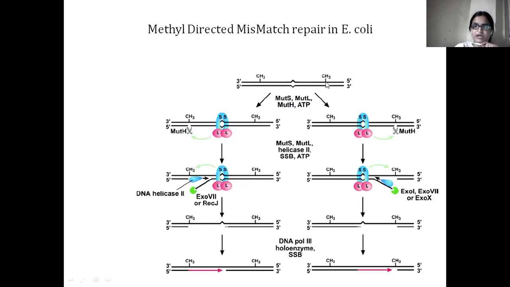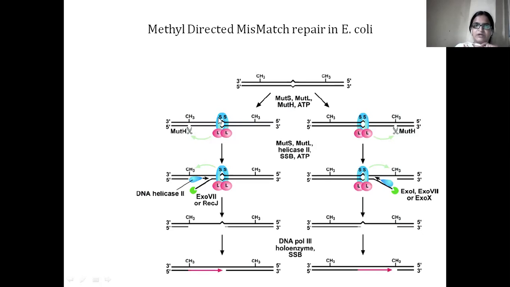If these methyl groups are on the upper strand, it means that whichever strand has methyl groups is the parental, or old, strand. And these methyl groups are present on adenine in the sequence GATC. So here one GATC sequence is there, here also one GATC sequence, and in the middle there is a mismatch. Now, the proteins we require are MutS, MutL, and MutH along with ATP.